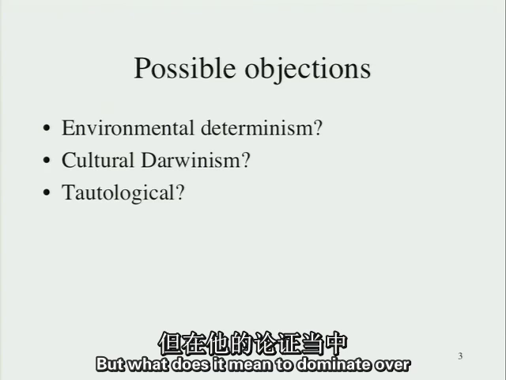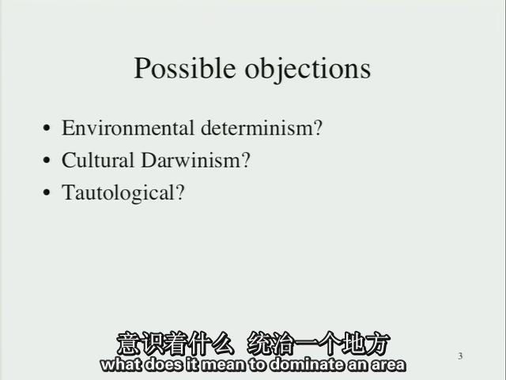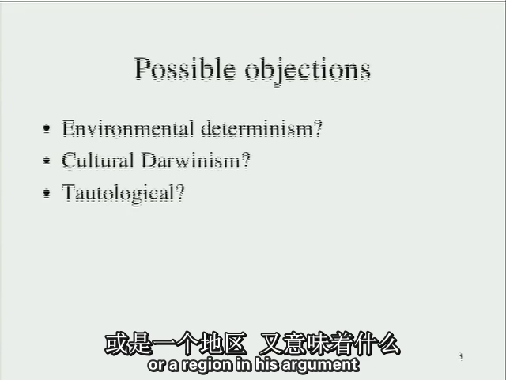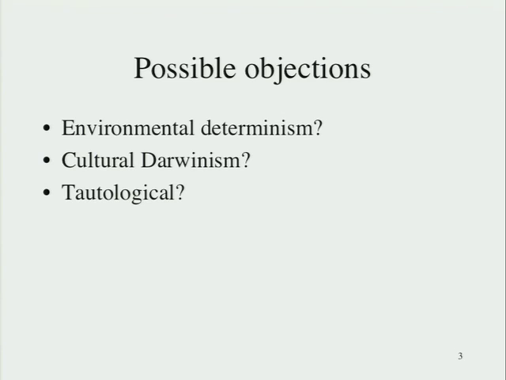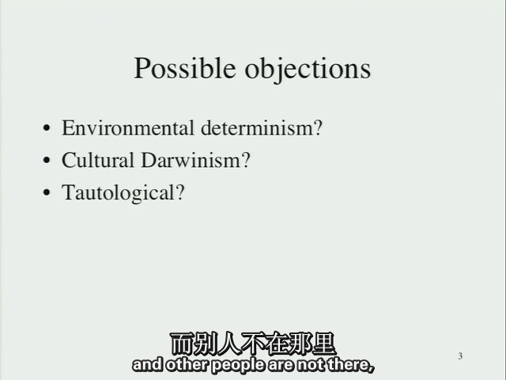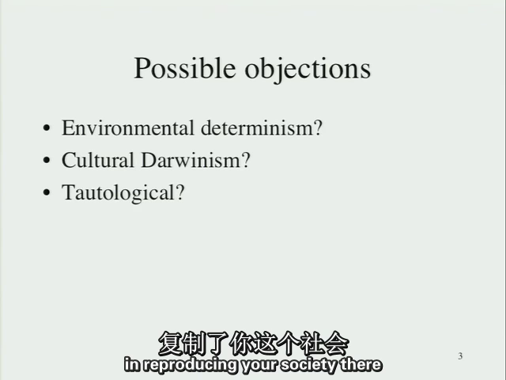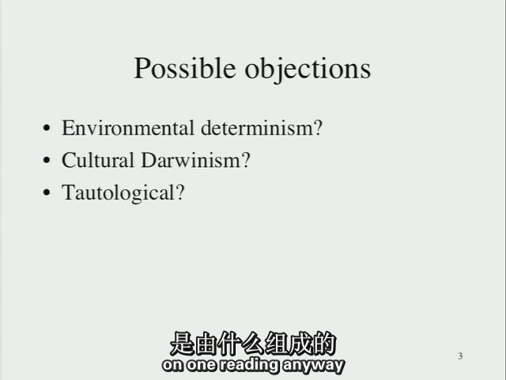But what does it mean to dominate over another group of people? Or what does it mean to dominate an area or a region in his argument? It means you're there, and other people aren't there, and you're succeeding in reproducing your society there. What does that consist of by his argument, on one reading anyway?